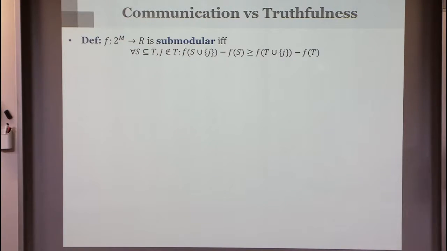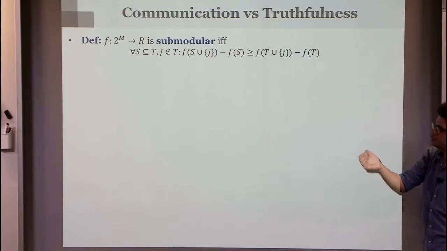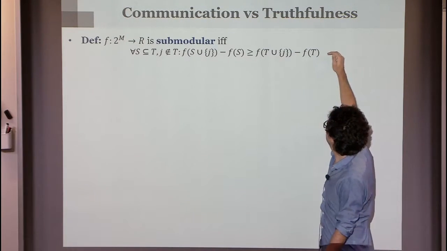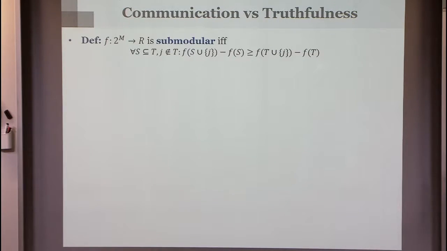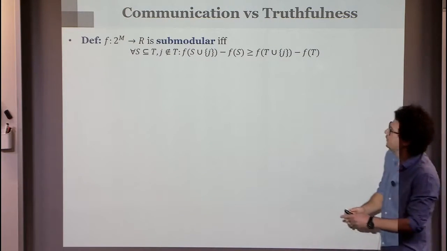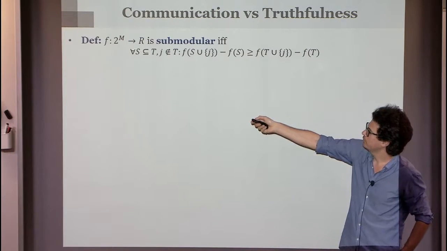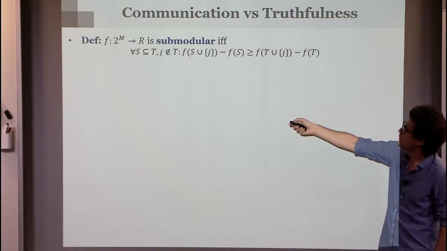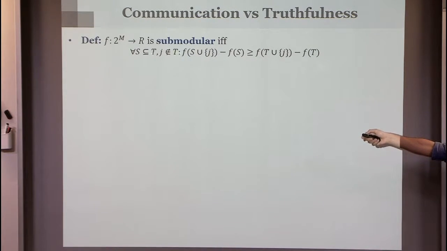What that means is that for every bidder, his valuation function satisfies this decreasing marginal returns property, which says that if you consider two bundles, S and T, where T contains S, then adding an extra item to the smaller bundle increases your value more than if you added it to the bigger bundle. That's what it says.